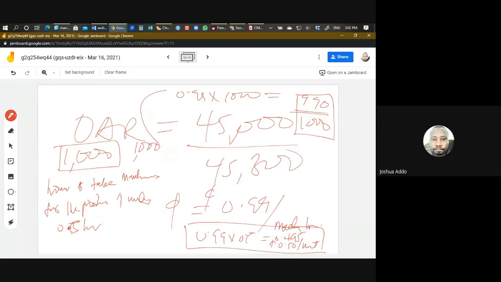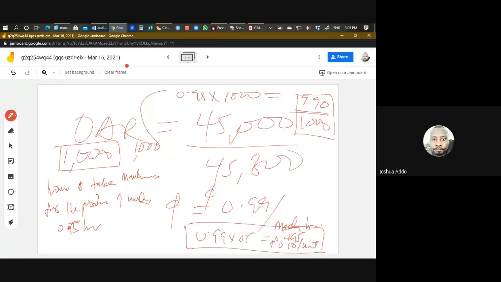Then what is the charge per student? That figure is divided by the number of people in the class. That's the indirect way.